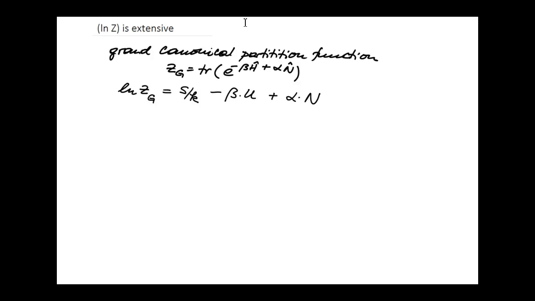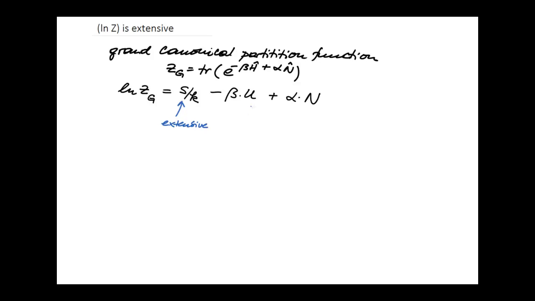Let's now study the right-hand side and investigate the various variables that appear there under the aspect of extensivity versus intensivity. The entropy we found is an extensive quantity if the system is homogeneous.